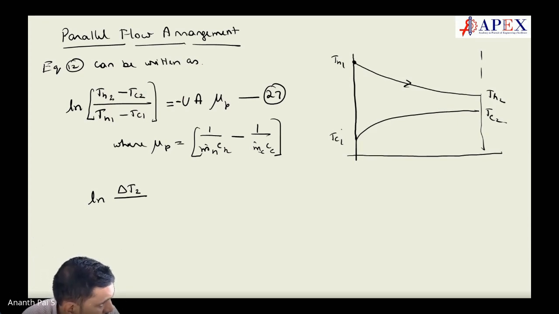With mu P is this. I tried to bring in that mu P here. So minus is very important. Fine. So now we can write delta T2 divided by delta T1 is equal to minus UA into mu P. Fine.